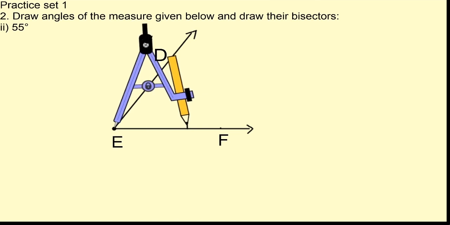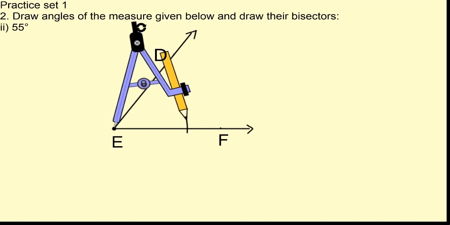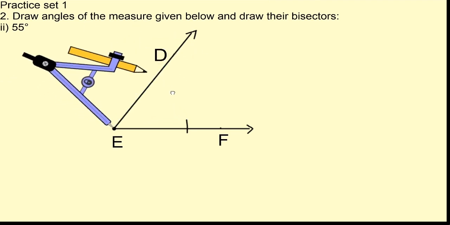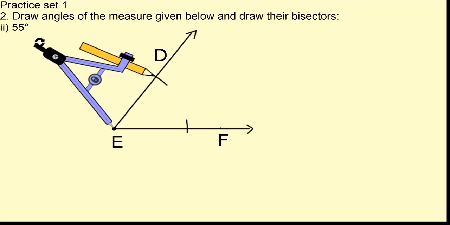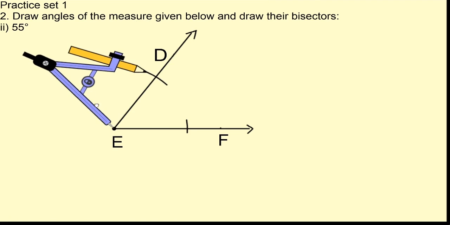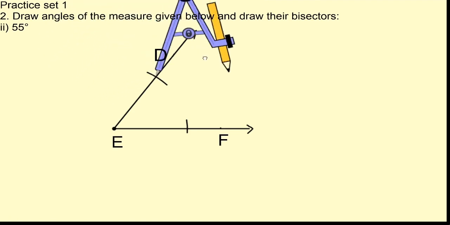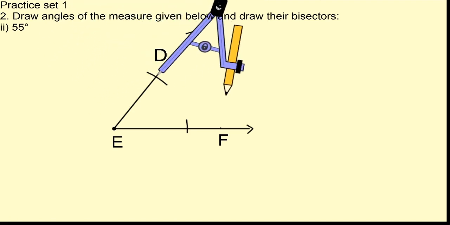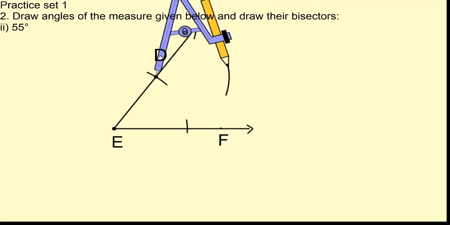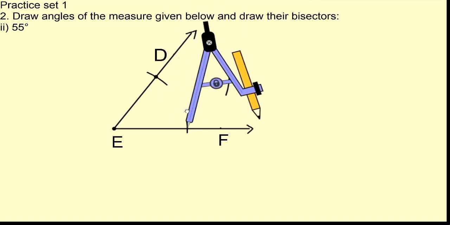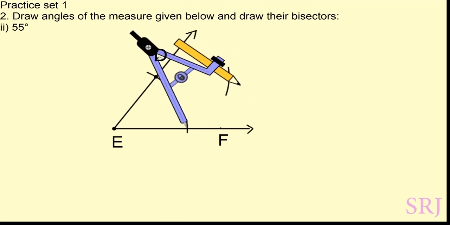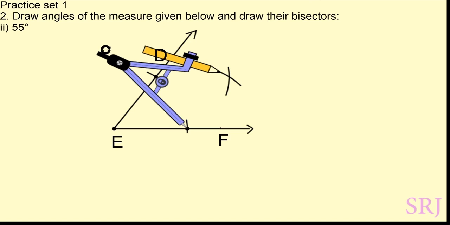Then draw an arc on ray EF and another arc on ray DE. Then place the compass on the arc drawn on ray DE and draw another arc. Then place the compass on the arc drawn on ray EF and draw another arc cutting the previous arc.